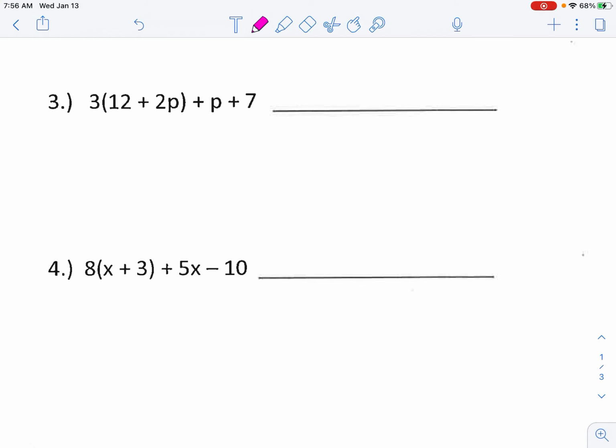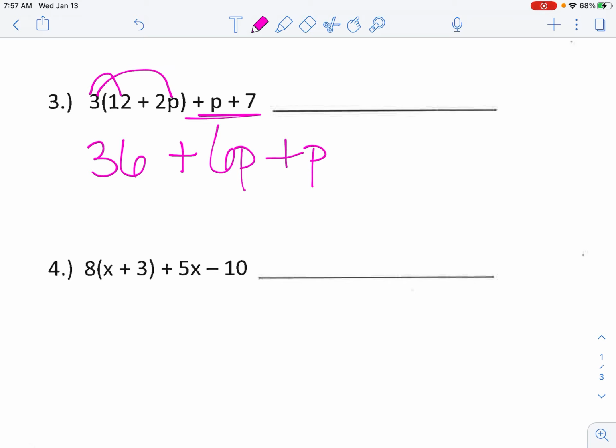Number 3, 3 times (12 plus 2p) plus p plus 7. Multiply 3 times 12. Multiply 3 times 2p. Include your plus p plus 7.